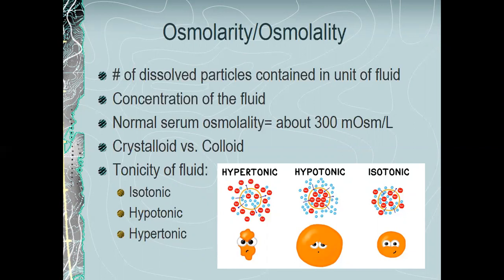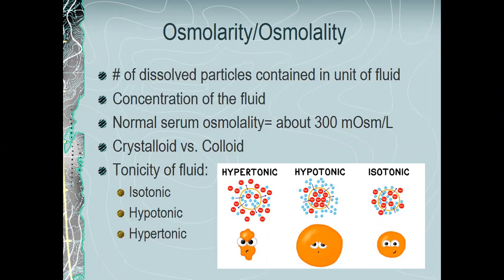With osmolality, it's kilograms, and with osmolarity, it's in liters. We're not going to tear apart the difference in those two right now. That's beyond where we're going to go right now. So for our purposes, osmolarity and osmolality is basically, we're talking about what is the concentration of the fluid.